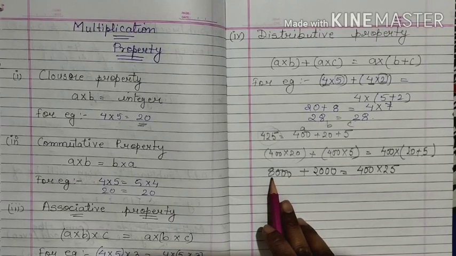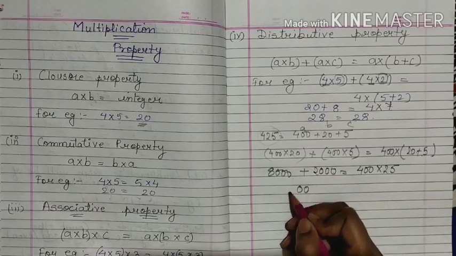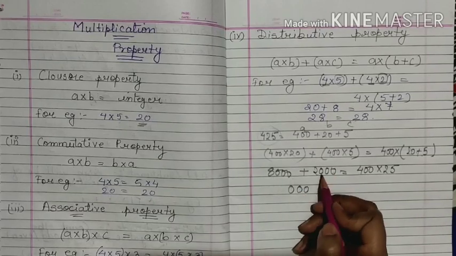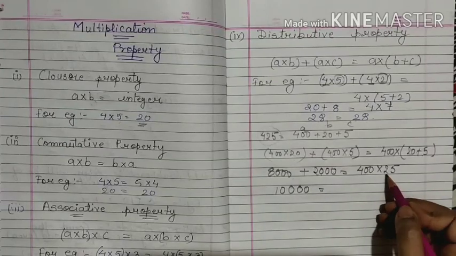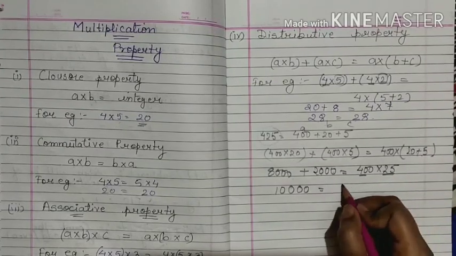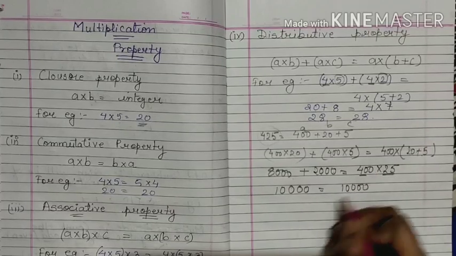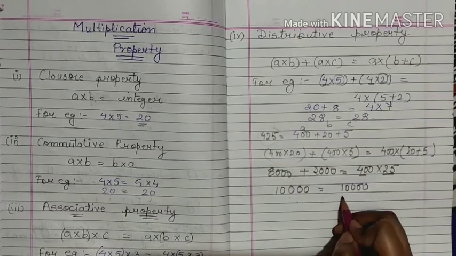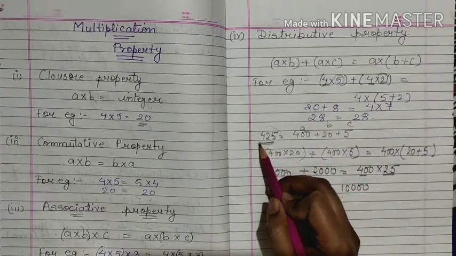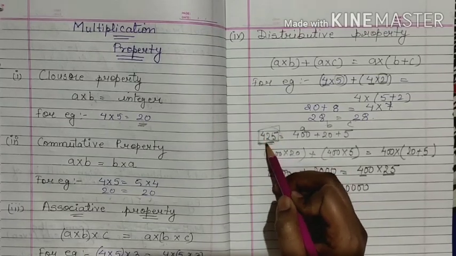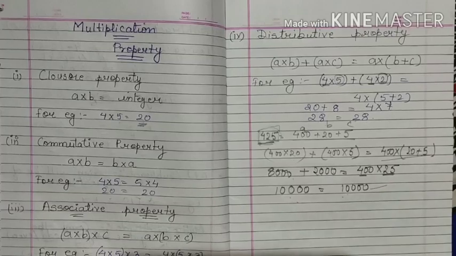Then it is 0, 0, 0, 8 plus 2, 10. And here you can see 25 4s are. We know that 25 4s are 100 and 400 into 25 is 10000. You can see both are equal. So we can distribute the bigger numbers and then solve. It is very easy.